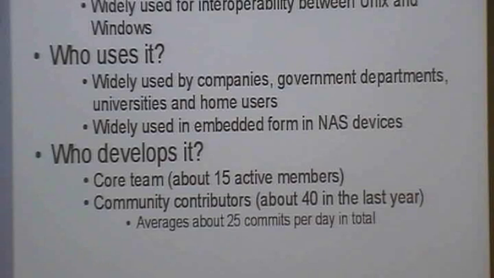We also have lots of community contributors, about 40 odd community contributors in the last year from looking at our Git log. So about 40 external people have made significant contributions. There's more people who've made small contributions, but about 40 have made somewhat significant contributions.